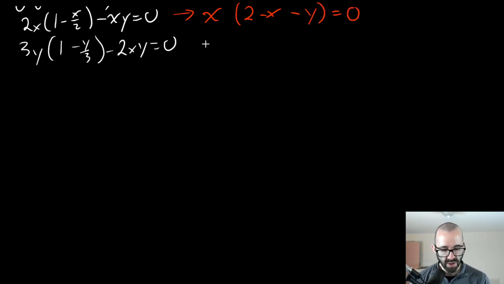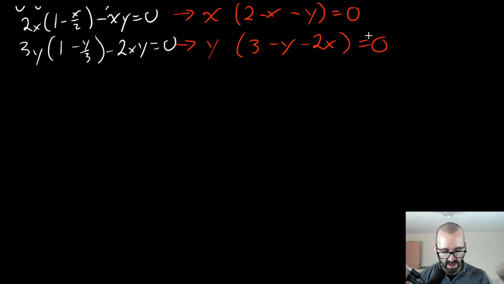And the other one, we can factor out a y and get something very similar. We're going to get 3 minus y minus 2x equals 0. So, of course, we can immediately see that if x and y are both 0, we have an equilibrium point. All right, so let's just make a note of that. 0, 0 is an equilibrium point.